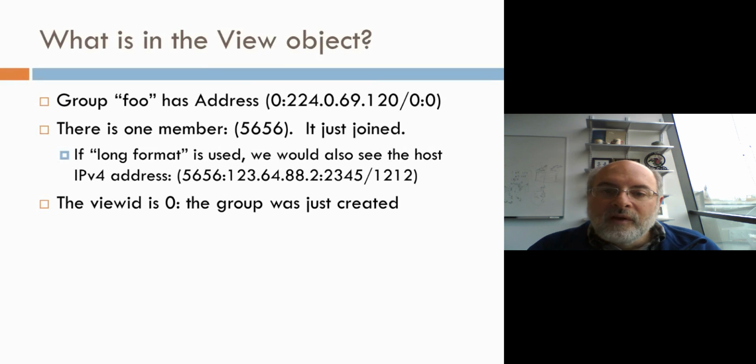And what's in an address? Well, the group foo has a group address object, and then there are also address objects for each process, which in short form only show the process ID, but if you were to use the long form, they show the IPv4 address, the PID, and then port number information, which in this case is 23451212.